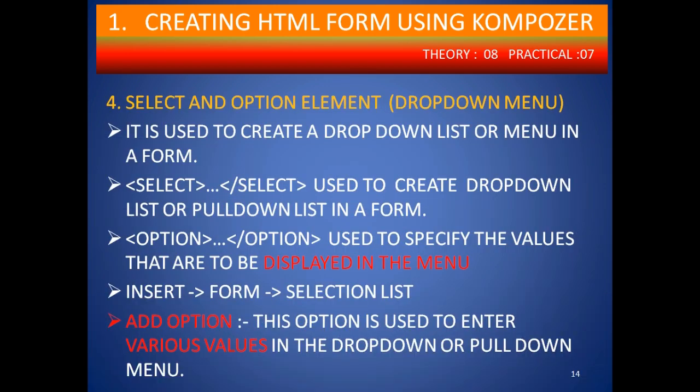Our next element is the select element. We can say it's a drop down menu or list box also. It is used to create a drop down list or menu in a form. Whenever we want to create a drop down menu, the select element is used to create a drop down list or pull down list in a form. In MCQ, if it asks what is the other name for drop down, it is known as pull down.